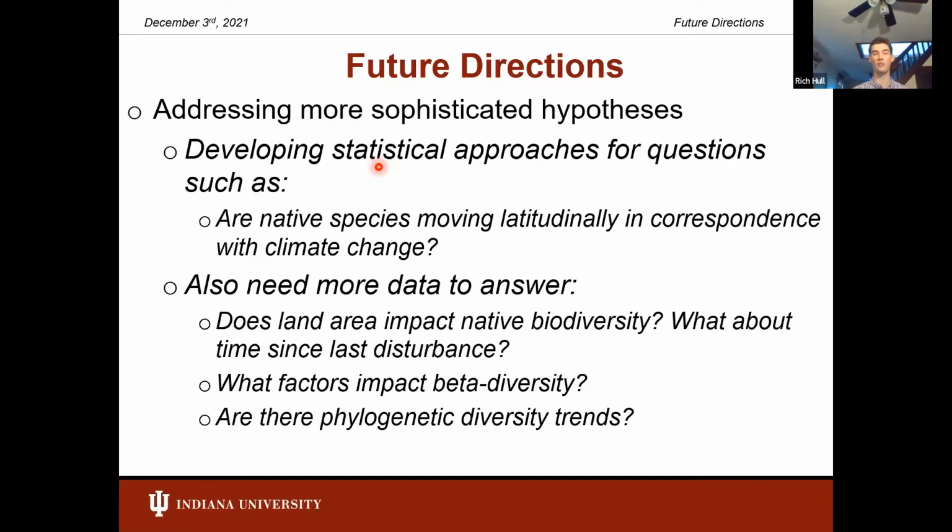And one of the things I've already been doing to address this is I've been putting together a statistical approach to address this question using existing methods and statistics. We also need more data to answer land fragmentation and quantitative biodiversity questions.